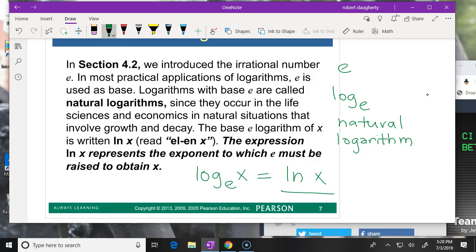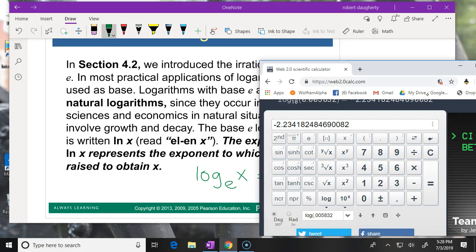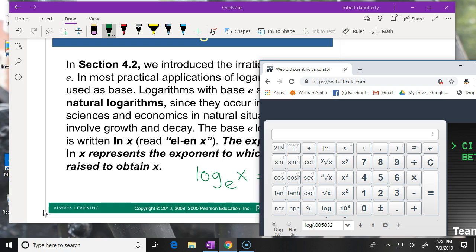So on your calculator, you should have an ln key. So do I have one here? Your calculator may differ. You may have a separate key on this particular online version. You can hold down and see that there is an ln key. When I hover over log, I see ln.